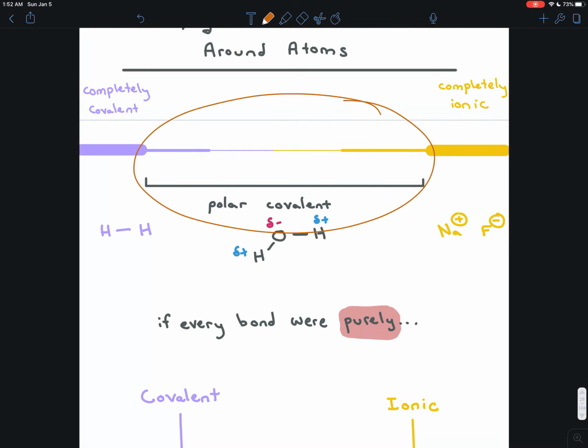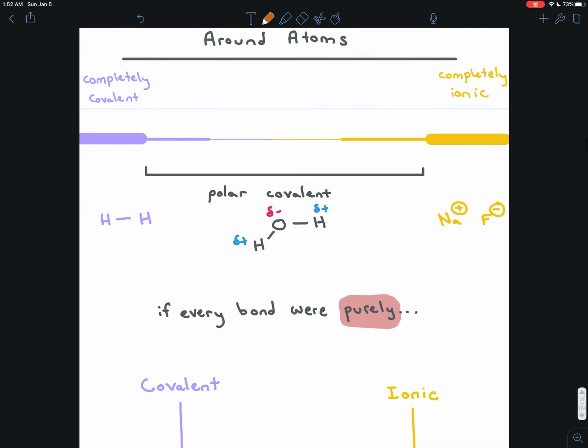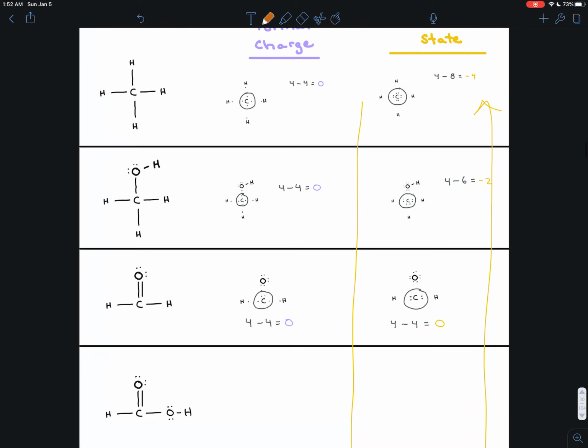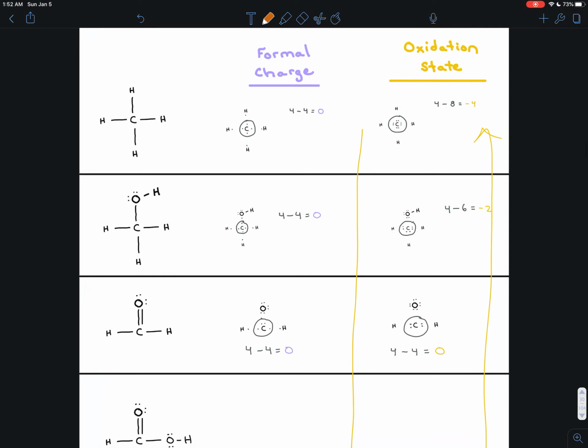Most of the bonds that we deal with will be somewhere in between. They'll be polar covalent in organic chemistry. And so we can get useful information by looking at them from 2 different perspectives, the perspective of the formal charge and the perspective of the oxidation state.